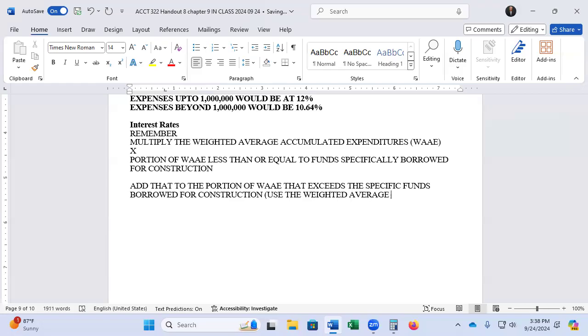Use the weighted average interest rate. Other debt.